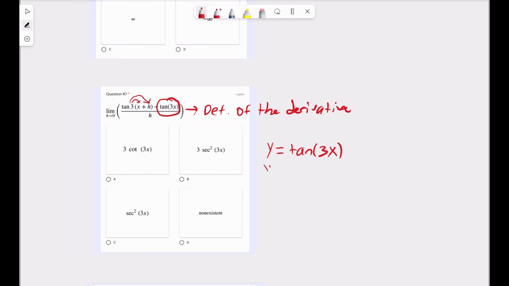And then we just need to take the derivative of that function. The derivative of tangent is secant squared, and then we leave the 3x alone, times the derivative of the inside, which is just 3. And so our final answer is 3 secant squared of 3x. So that would be B.